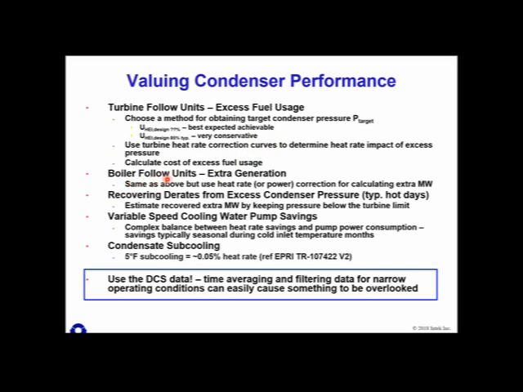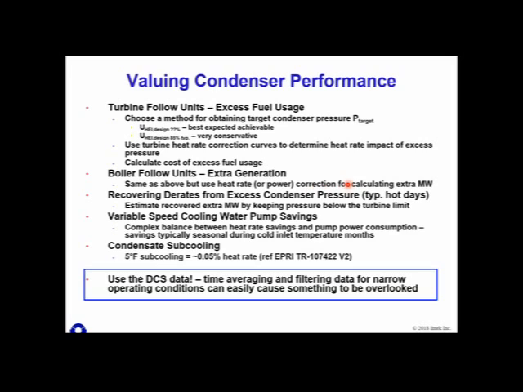Now, if you're in boiler follow, for example a nuclear unit, or if you're just running full bore, so you put as much fuel into the boiler as you can, generating as many megawatts as you can, that is a different case. Excess back pressure means that you're not generating and selling megawatts that you could be.